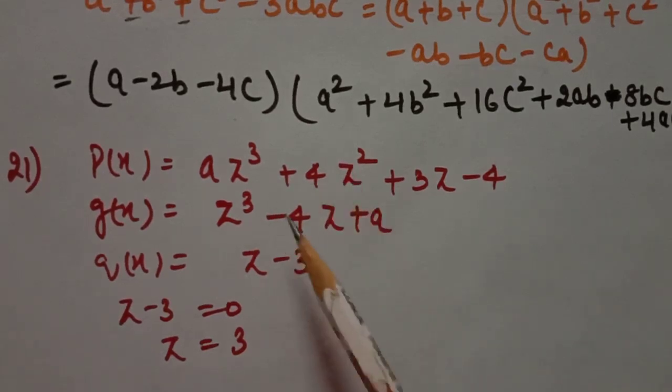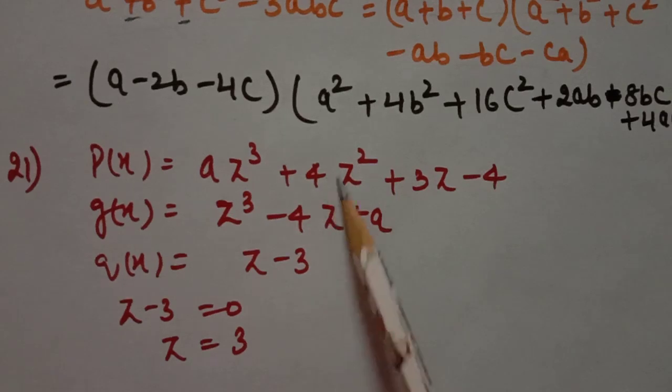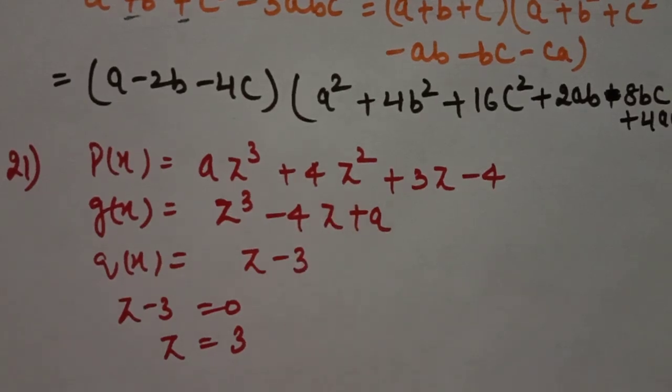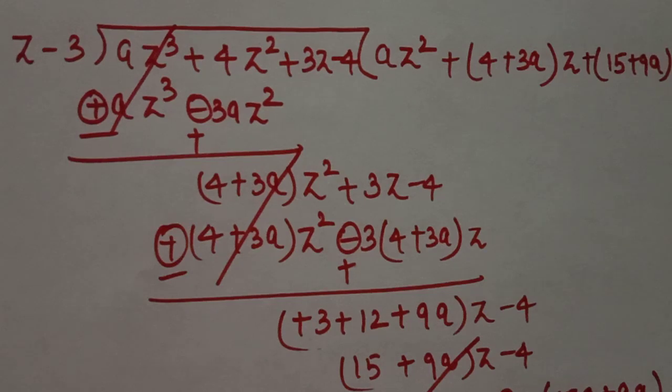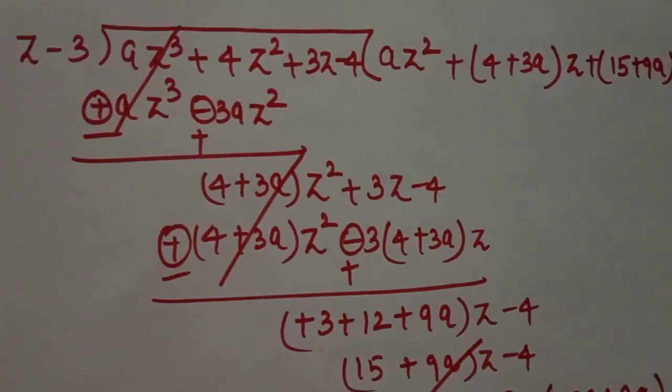It means if we divide these two polynomials by z minus 3, they will give the same remainder, and we have to find the value of a, which is present in both polynomials. So students, we will go with the long division method. You can go with the factor method also, but in this question it is clearly mentioned that the same remainder is left when divided by z minus 3. So we will go with the long division method.